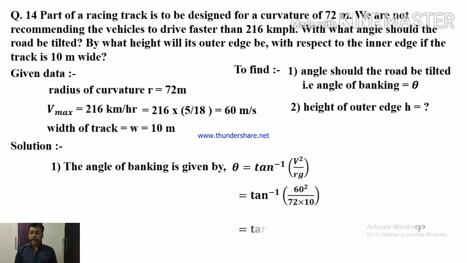We get tan inverse of 3600 upon 72 into 10, that is tan inverse of 5, and tan inverse of 5 is 78.69 degree. So this is the value of the angle of banking theta. Very easy example. The formula for theta is tan inverse of v square upon rg, and from this we determine the value of the angle of banking, theta.